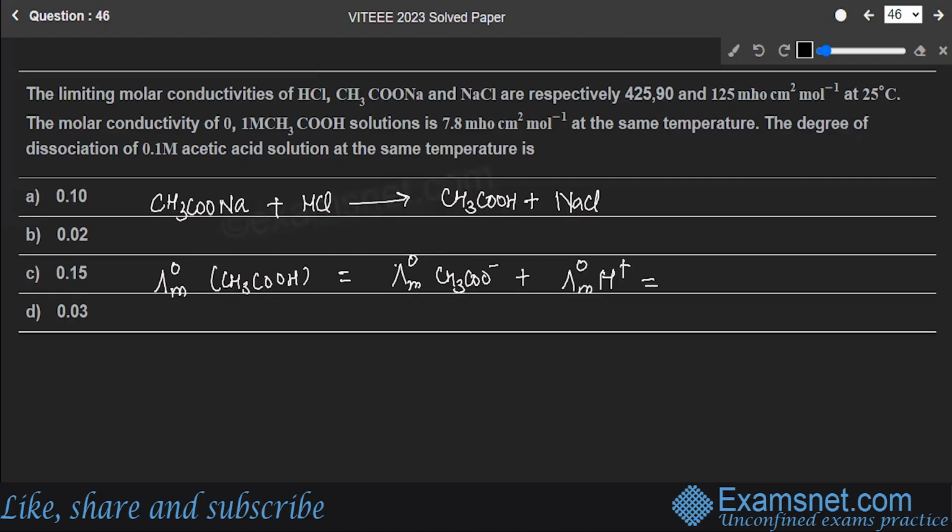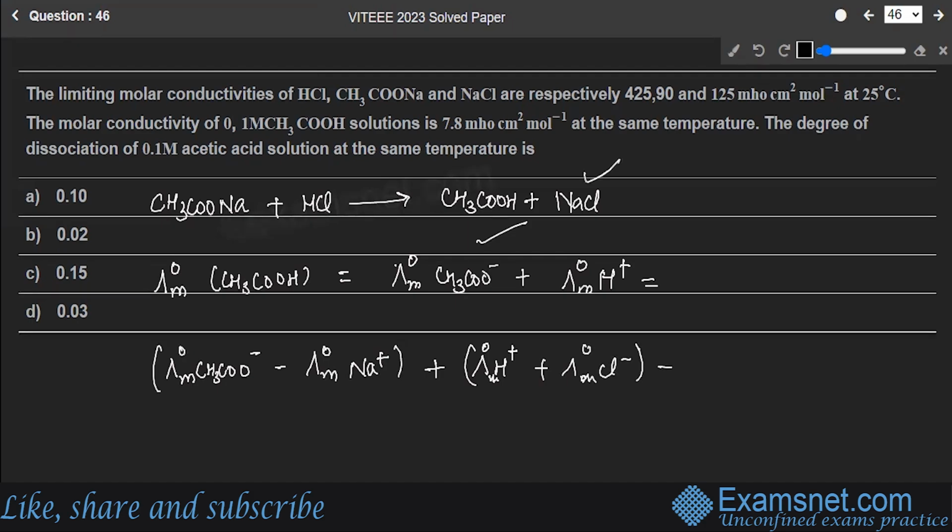Now, if I look at this reaction, this is equal to CH3COO negative minus molar conductivity for the infinite dilution for sodium plus, for HCl this is H plus Cl negative, minus for NaCl molar conductivity for infinite dilution of Na plus this for Cl.